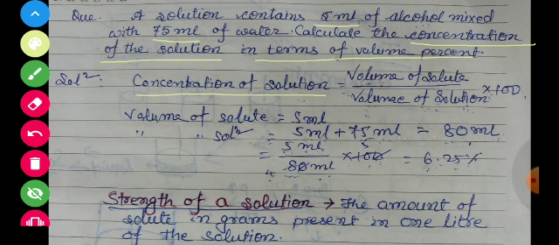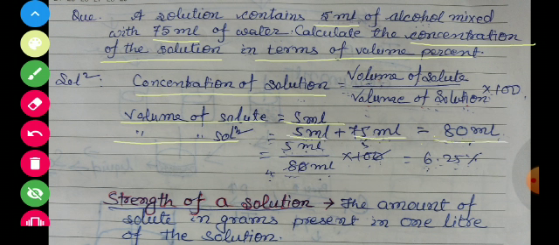You can see here the volume of the solute is given, 5 ml, because here alcohol is the solute. And the volume of solution? How will we get the volume of the solution? We will have to add both, that is water and alcohol. So here alcohol is 5 ml and water is 75 ml. Including both we will get 80 ml.